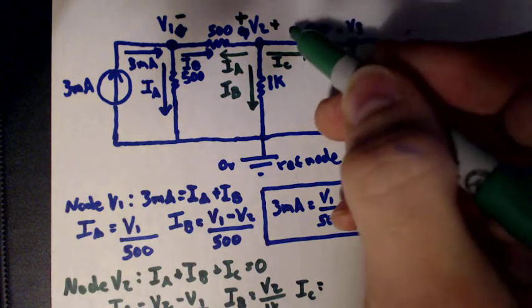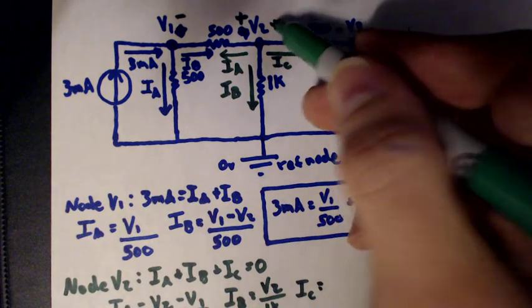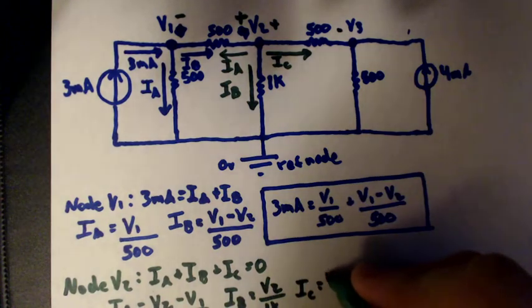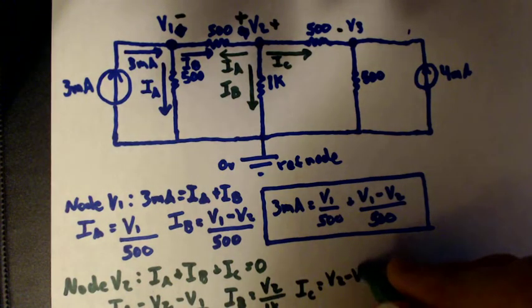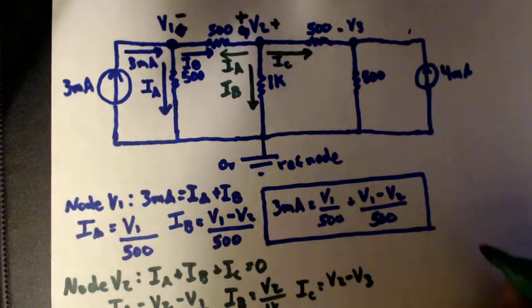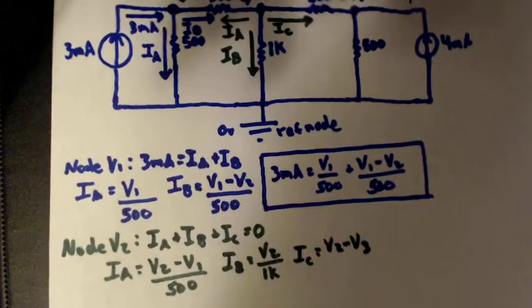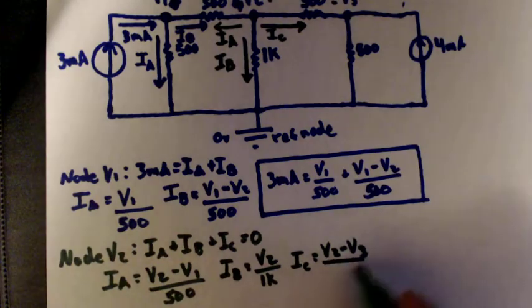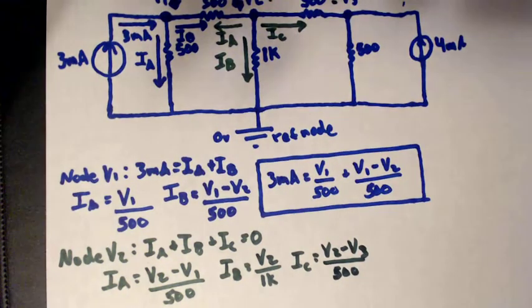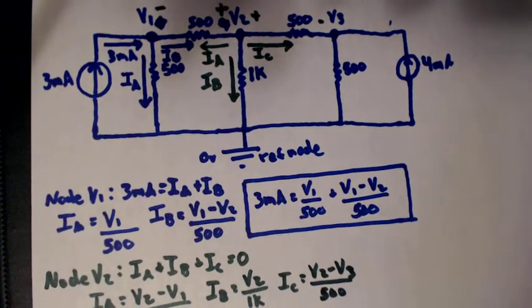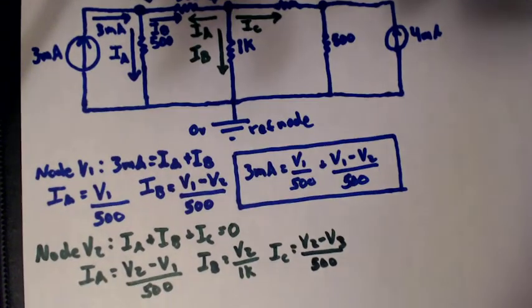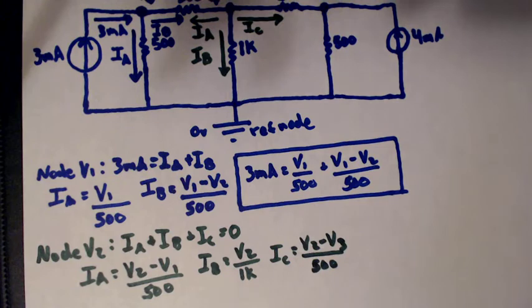So now I can say the voltage drop across this 500 ohms is V2 minus V3. And it's divided by 500 ohms, so just Ohm's law here. Cool. Okay, so now I got my IA, IB, and IC for node V2.